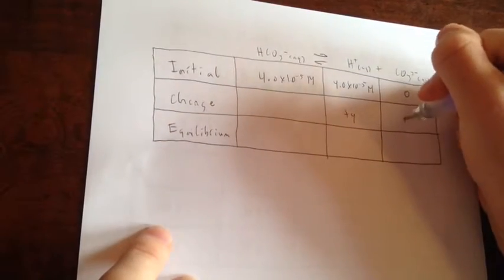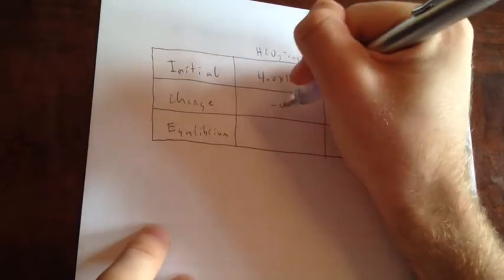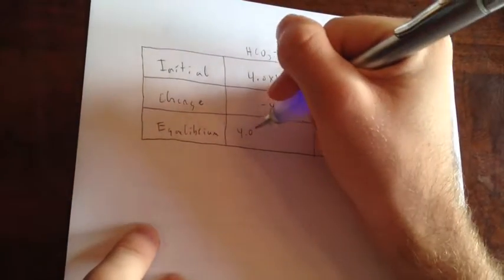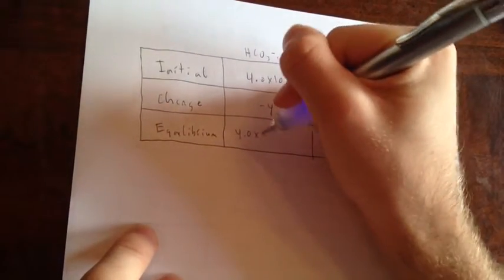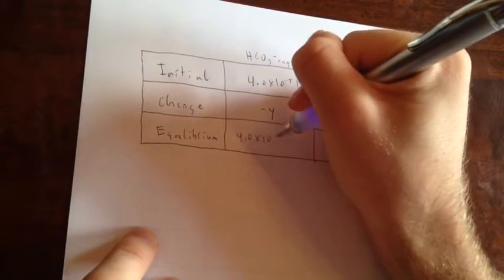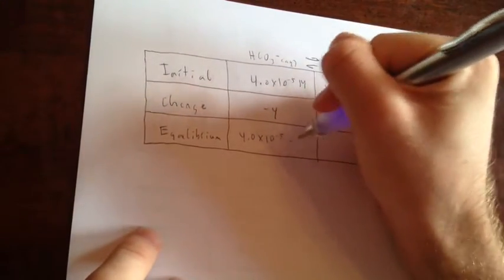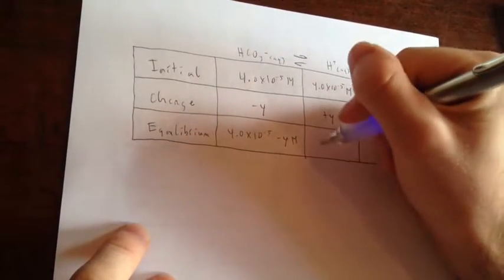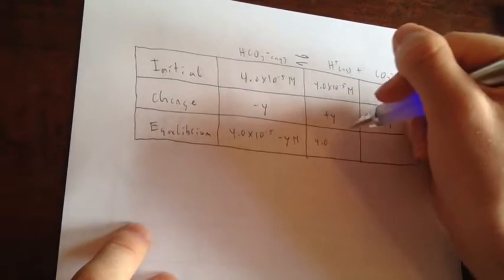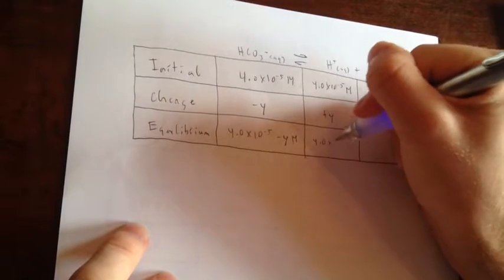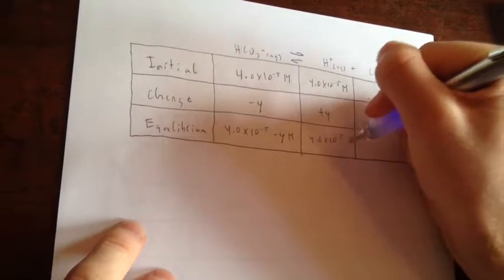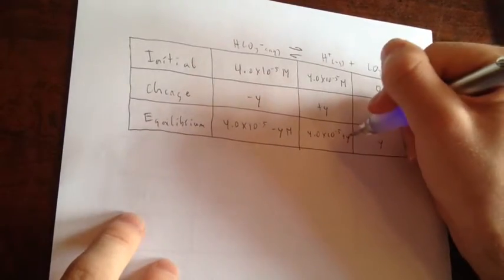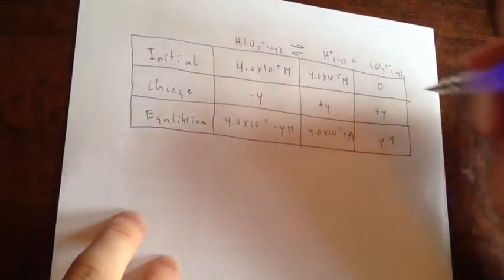We can use a different variable for this ICE box, y. The change is plus y for the hydrogen ion and carbonate ions, and minus y for the bicarbonate concentrations. The equilibrium concentrations are 4.0 times 10 to the negative fifth minus y molar for the bicarbonate and 4.0 times 10 to the negative fifth plus y molar for the hydrogen ions, and y molar for the carbonate ions.